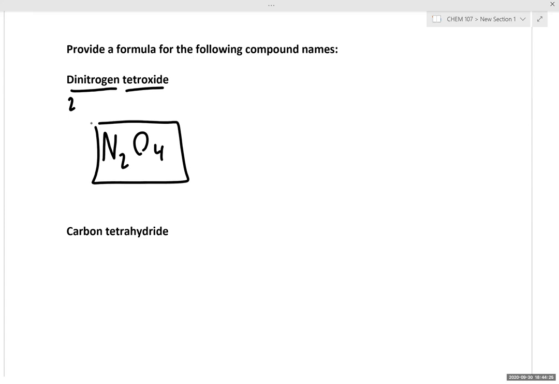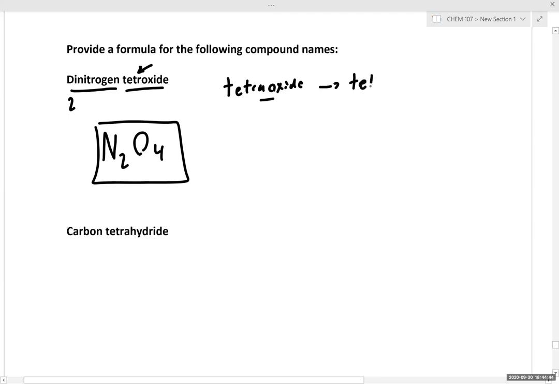Is there a lack of an A in tetroxide? That's correct, because for oxides, rather than saying tetraoxide, it's common convention to replace these repeat vowels with just a single vowel. Okay, got it. But for everything else, you write out the full tetra.